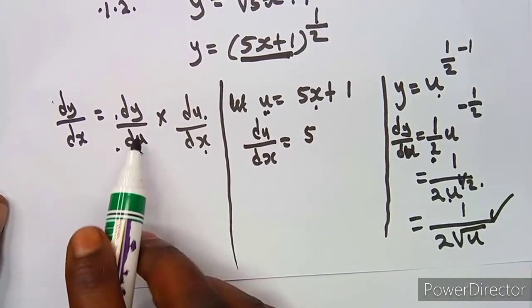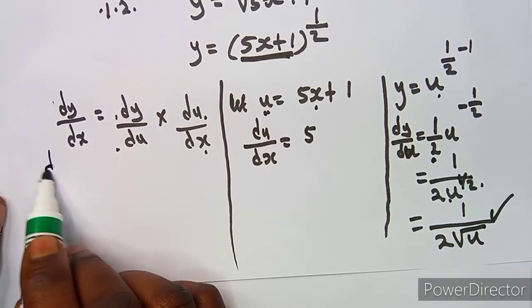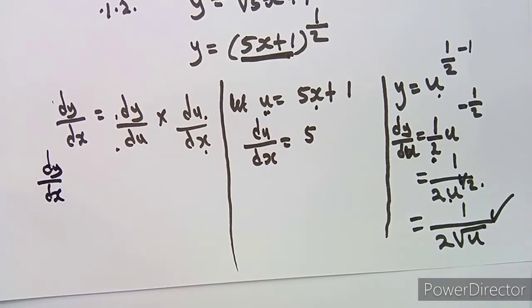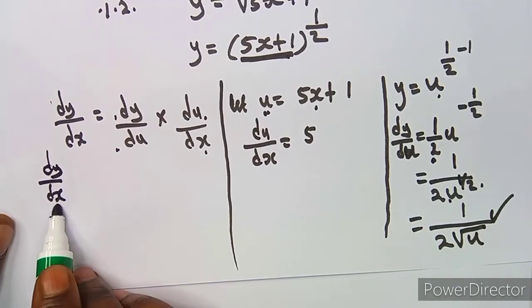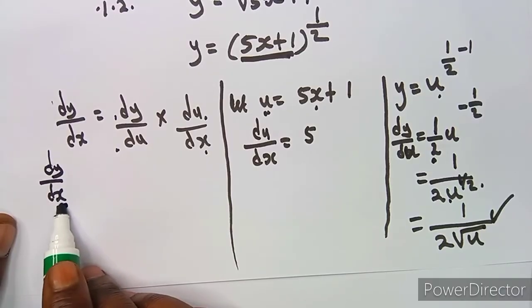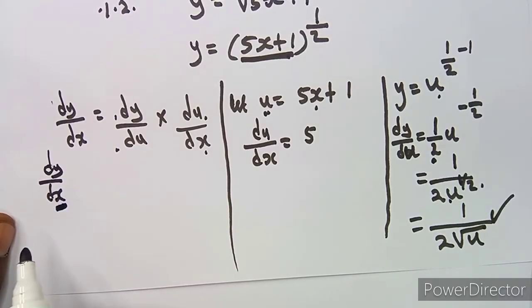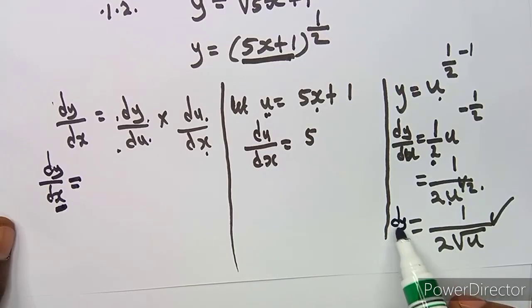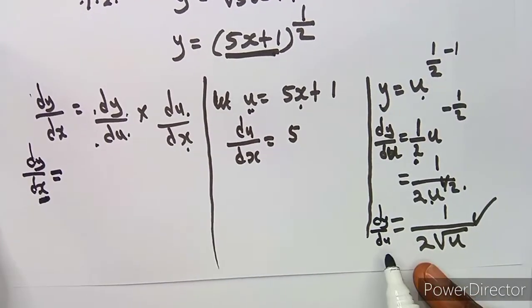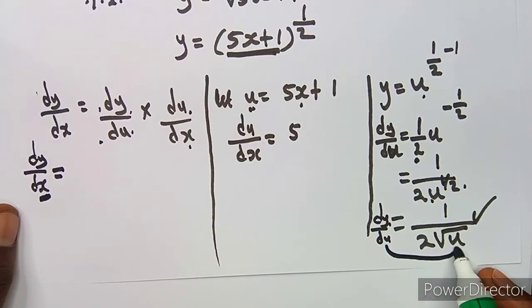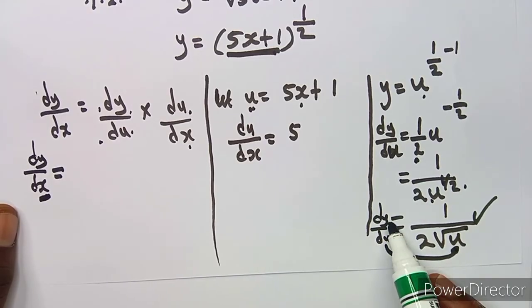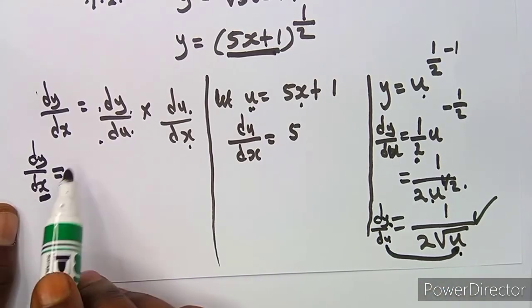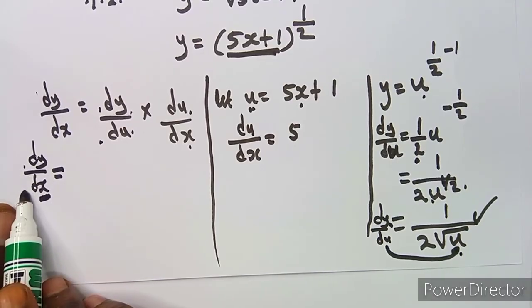So now let's come back here and substitute what we obtained, dy dx. Now it's a derivative with respect to x, not with respect to u, so my answer is supposed to be in terms of x. This dy du is y with respect to u, and that is why it has a u here, but now I need y with respect to x.